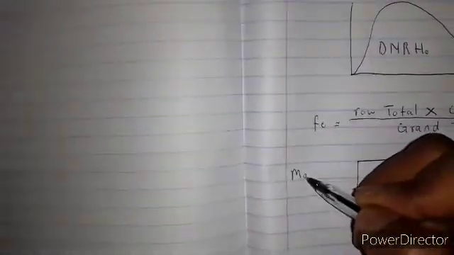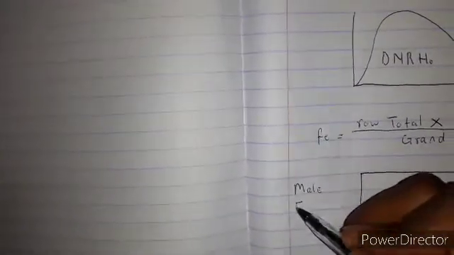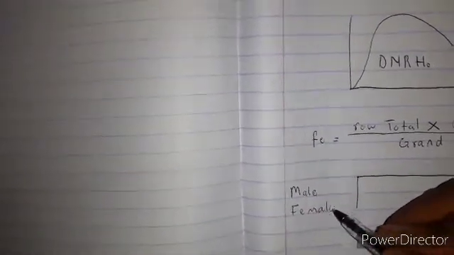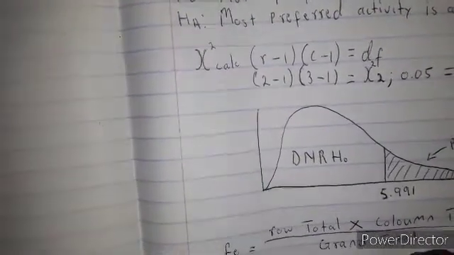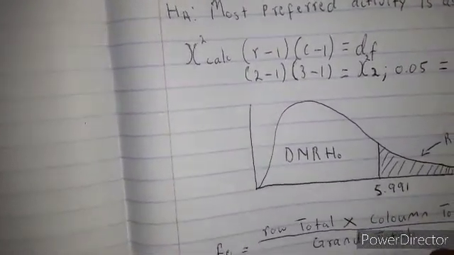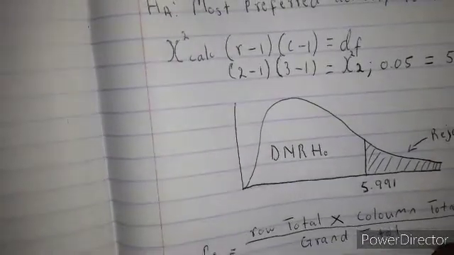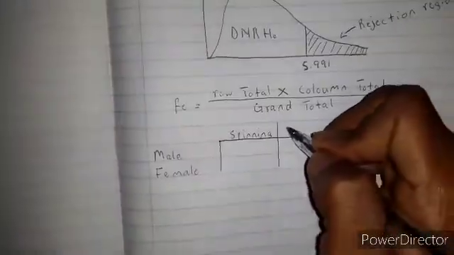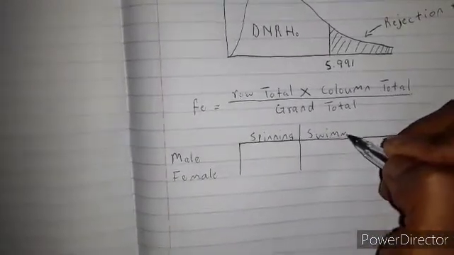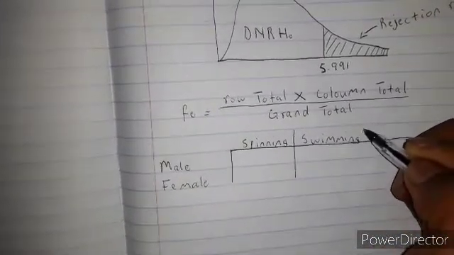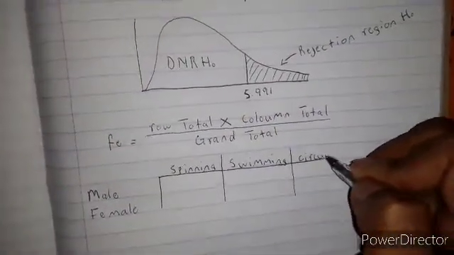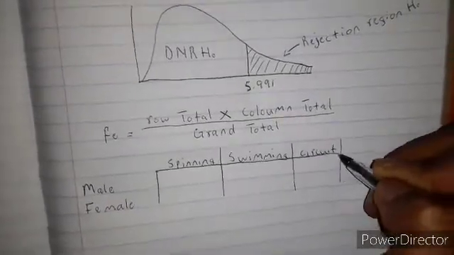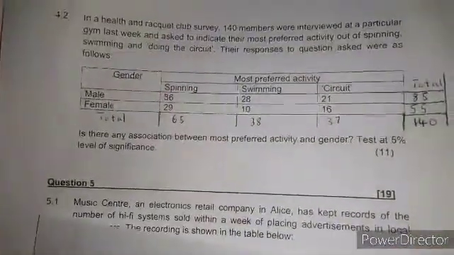We're going to have the male row and the female row, spinning, swimming, and circuit, like that one.